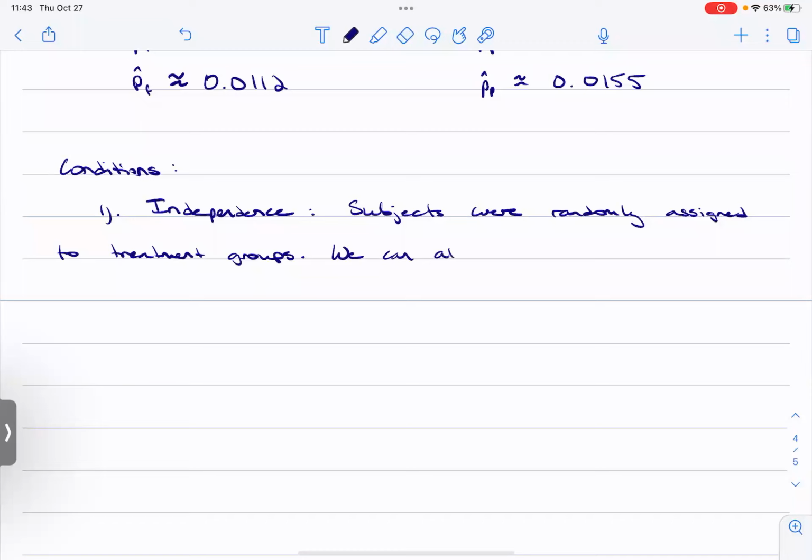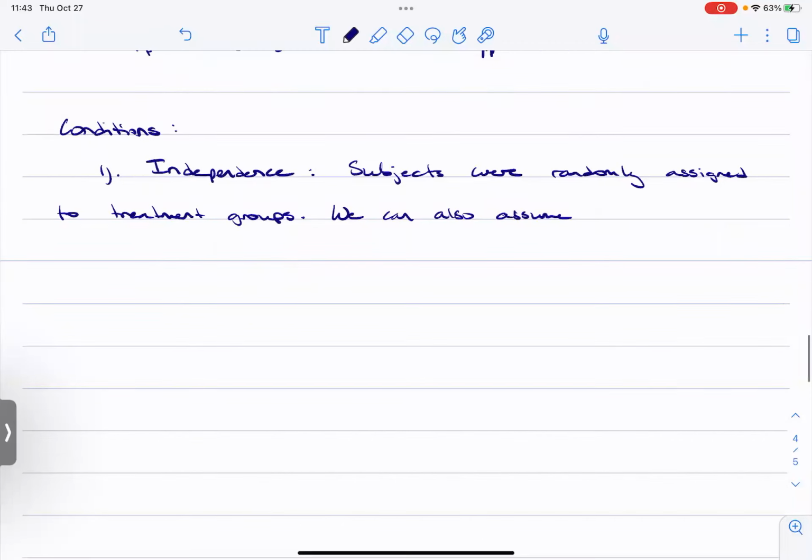We can also assume the two groups are independent.